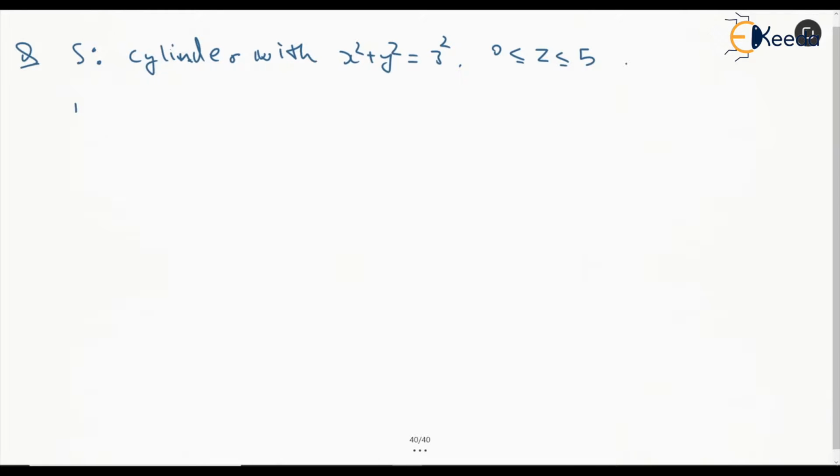The vector field is given as 2x, 2y and 2z. So find the integral of the f over the surface.